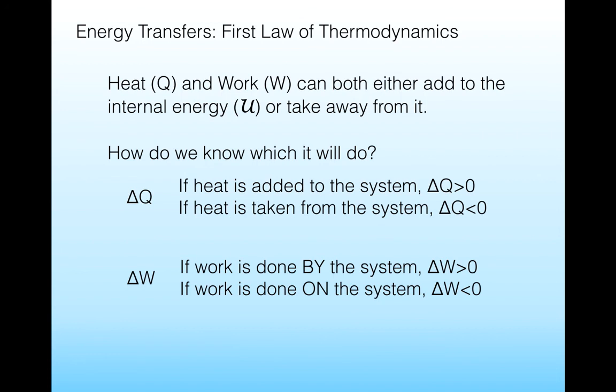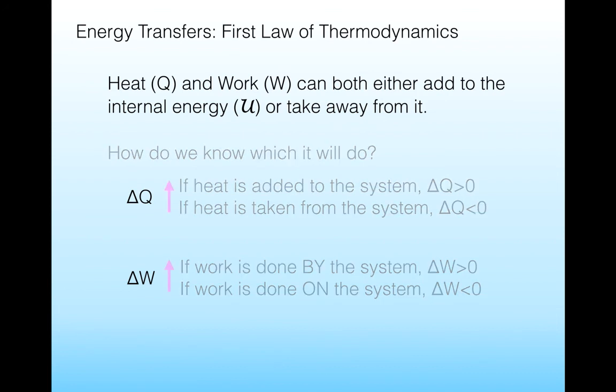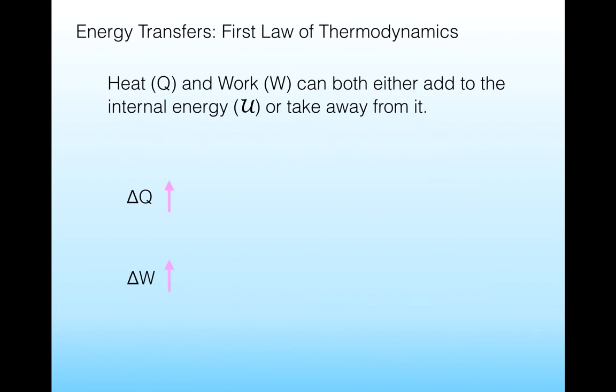If the work done by the system, delta W, is greater than 0, then the system will lose energy because work is being done by the system. If the work is done on the system, then the system will gain energy. Let's explain that a little bit slower. If instead we write it like this, where the delta Q is increasing, heat is being added to the system, then we know that U is also increasing.